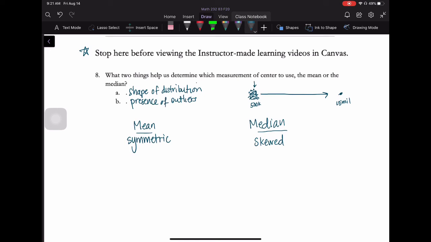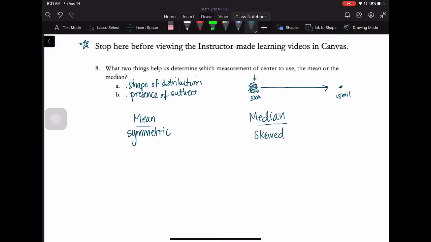Another thing to note is if you are skewed to the right, like this picture above with The Rock, the median is going to be in here, but the mean is going to be pulled to the right. So the median is less than the mean here. And if we're skewed to the left, the opposite is true. The median is greater than the mean.